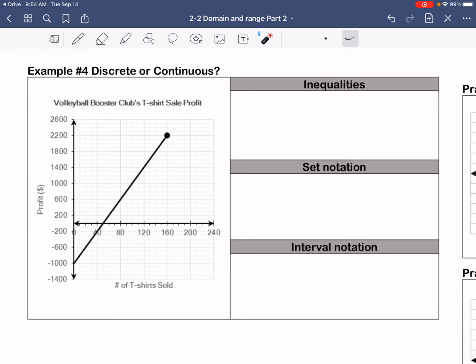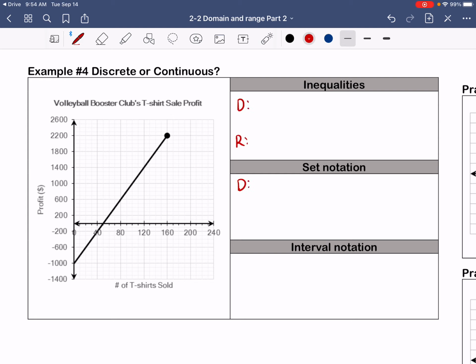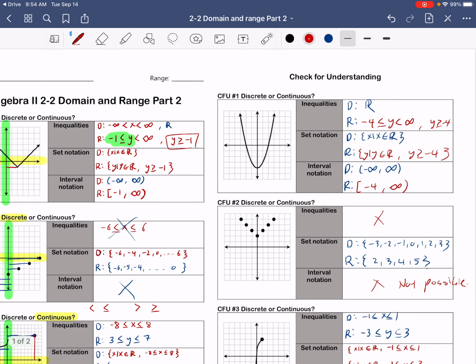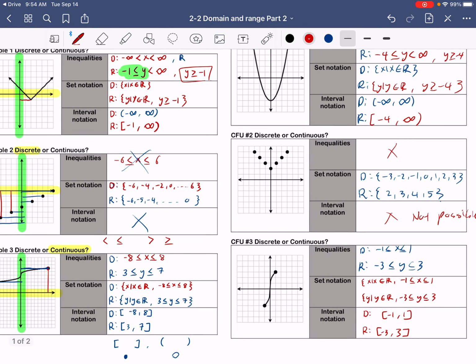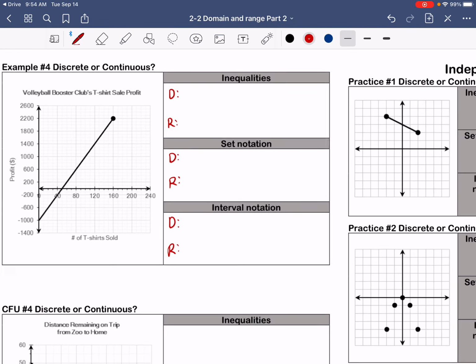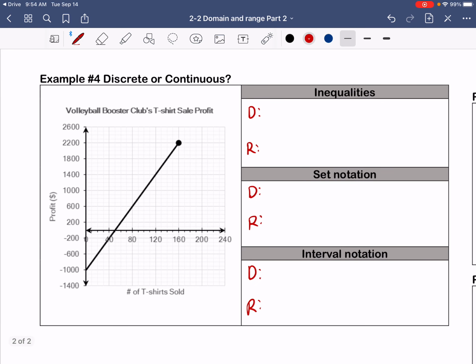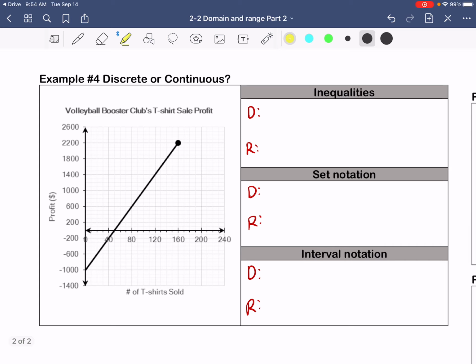So here, again, just like usual, I'm gonna write domain and range. Okay. Domain.